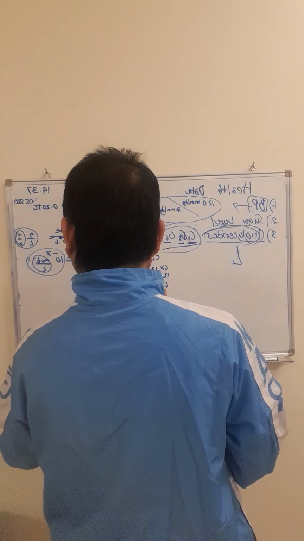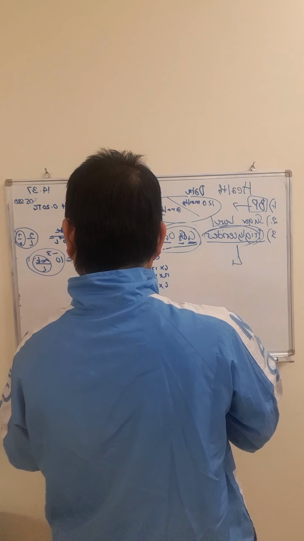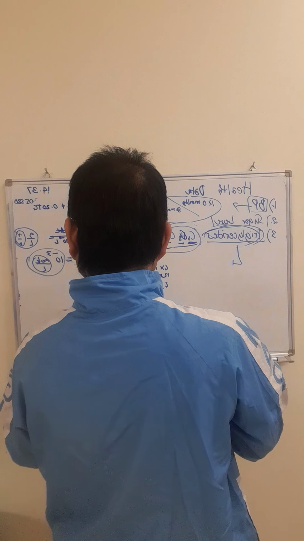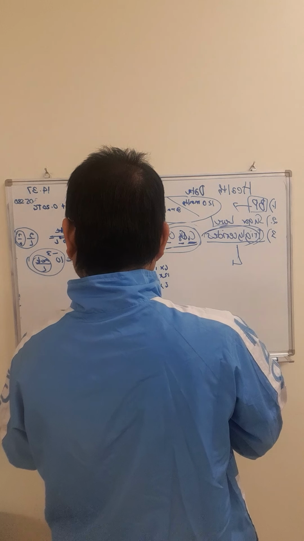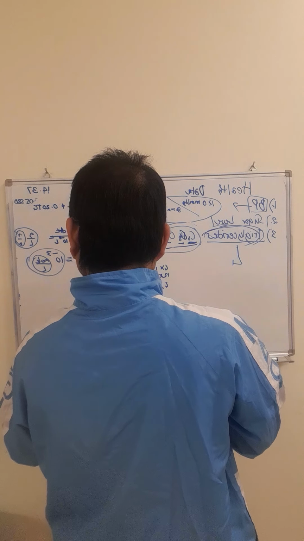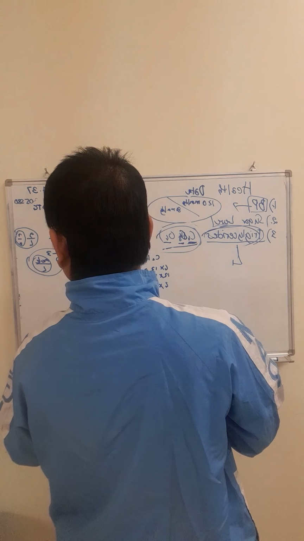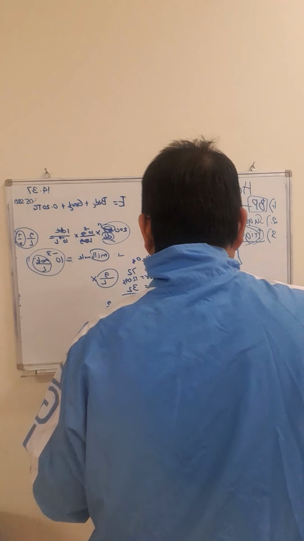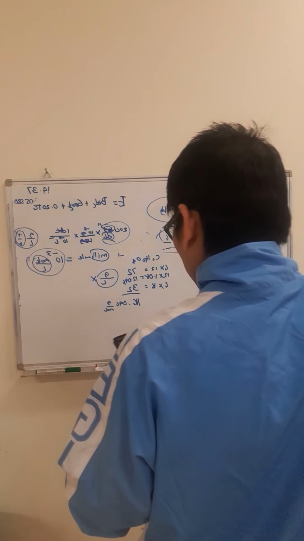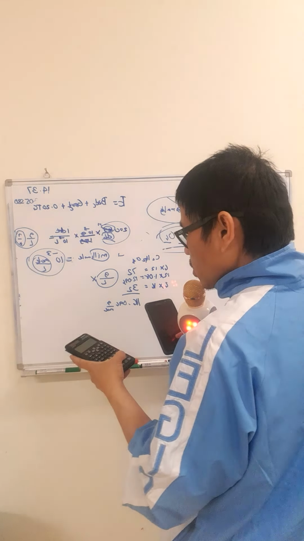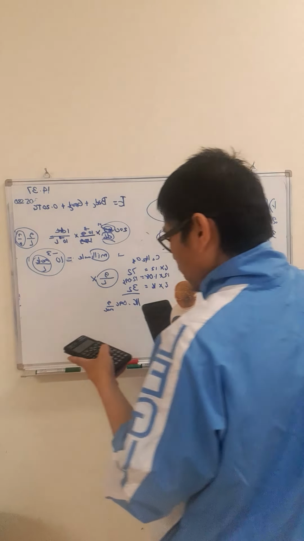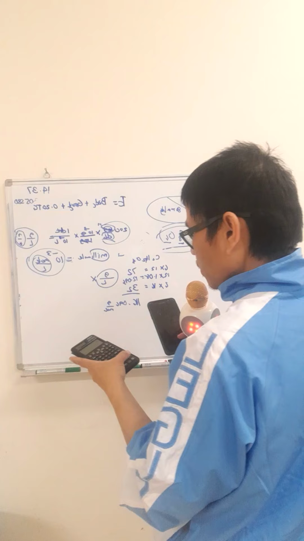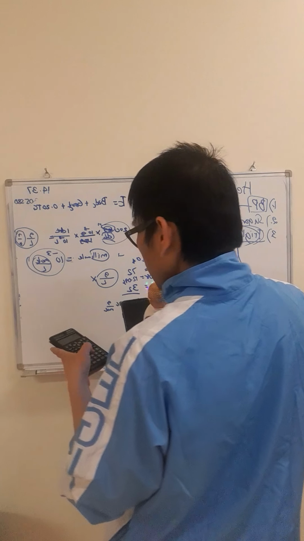Again, let's review this. 72 plus 12.096. 6 times 16, guys.